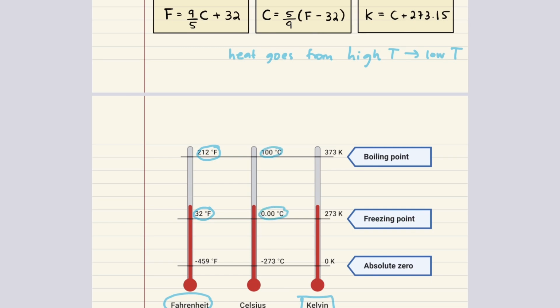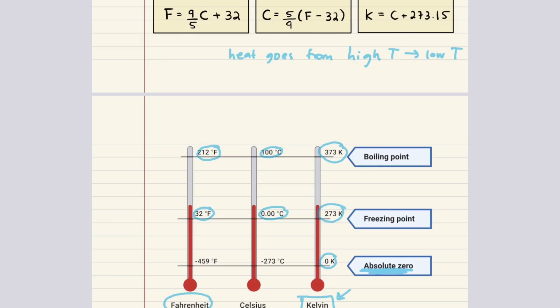The Kelvin scale is the absolute temperature scale used in thermodynamics, and we're going to dive into that scale a little bit more in the next chapter. But Kelvin has the same increment size as Celsius, but its 0 point is absolute zero. That's the theoretical temperature at which particle motion stops completely. On this scale, water freezes at 273 Kelvin and boils at 373 Kelvin.